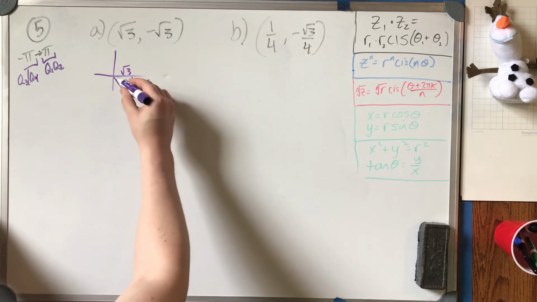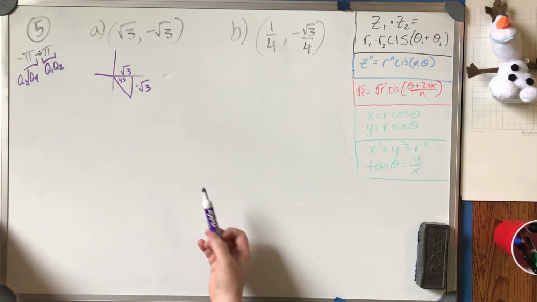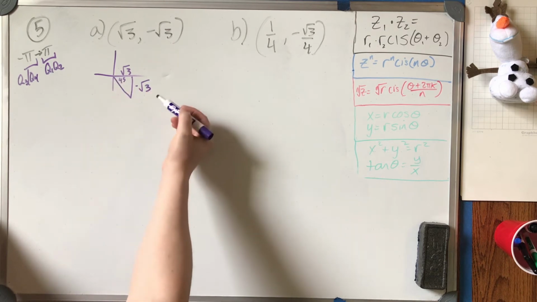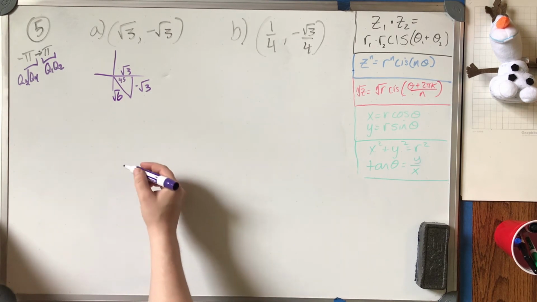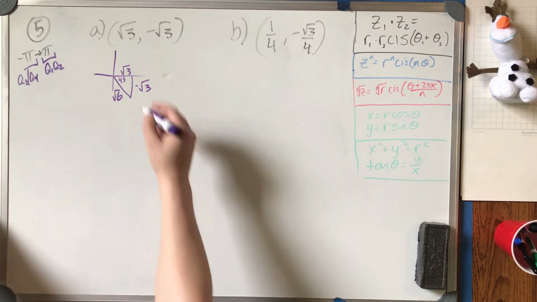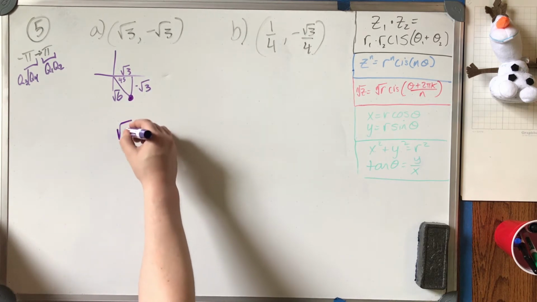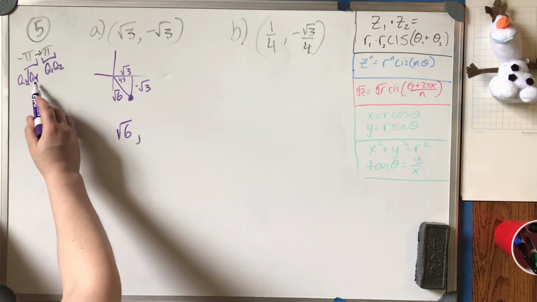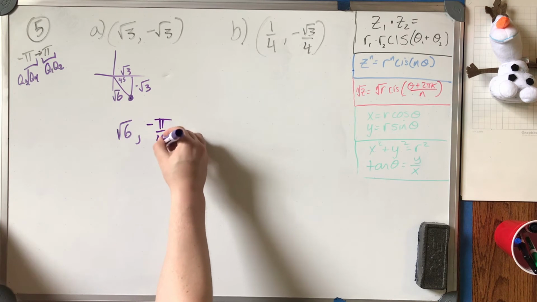I recognize this as a 45-45-90 triangle, so its pattern is always going to be x, x, x rad 2. So I'm going to multiply the square root of 3 times the square root of 2. That's going to give me a square root of 6. So that's my radius. So let's think about this. In order to get down here, I'm going to use positive square root of 6, and then I could use 7 pi over 4, but that's in quadrant 4, so I'm going to use a negative angle instead, so negative pi over 4.